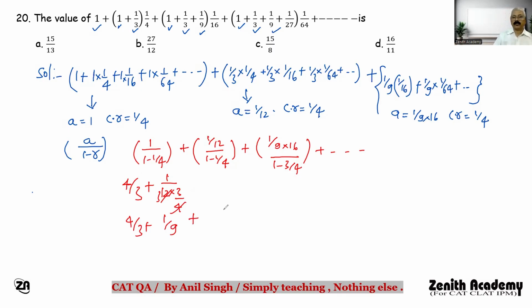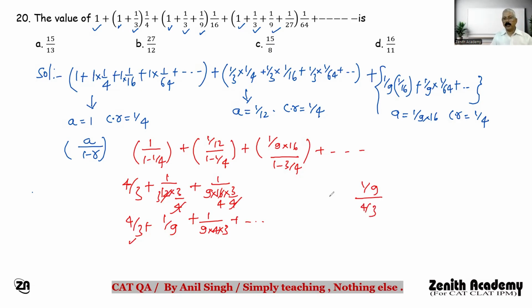And here this is 1 by 9 into 4 by 3 upon 4. So for this, if I see, the A is 1 by 3, okay, and 1 by 9, then 1 by 9 over 4 by 3.